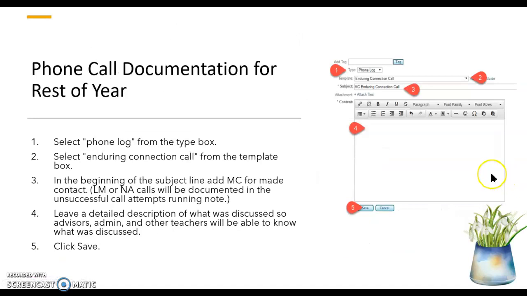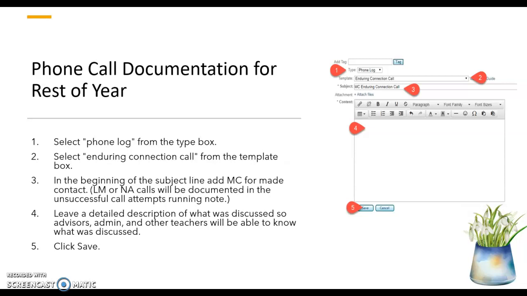All right, so for the rest of the year, when you're making your calls and for any other call you're making besides that initial call with that student connection call template, if they answer, you're going to select type, phone log, select enduring connection call from the template, and then in the beginning of the subject line, add MC for made contact.